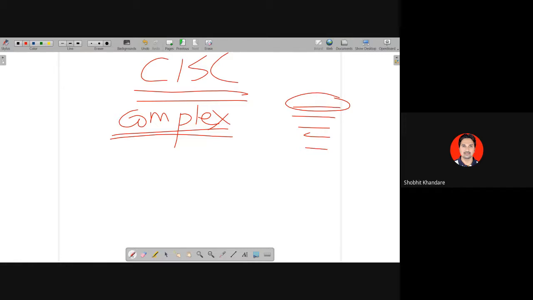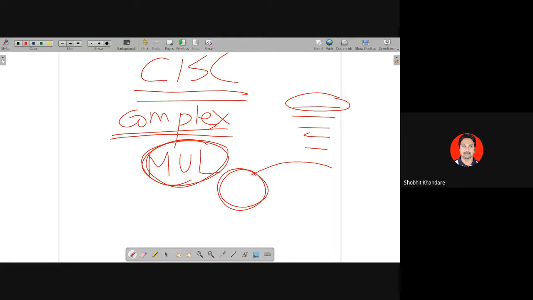For example, in 8051 अगर एक command है MUL, means multiply. So this command will do what? This command will bring the data from the memory to the ALU. This command will also do the multiplication. And the result will also be stored back into the memory.